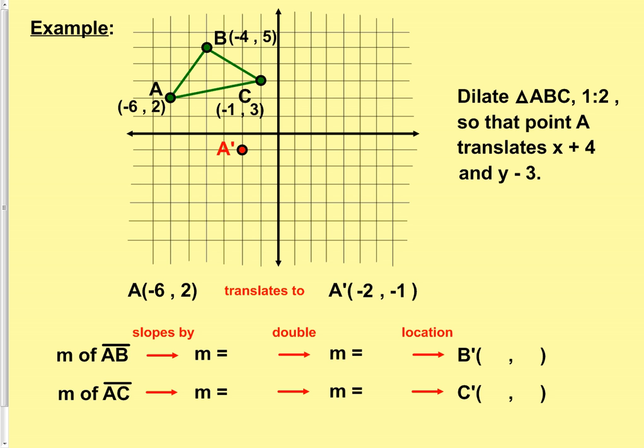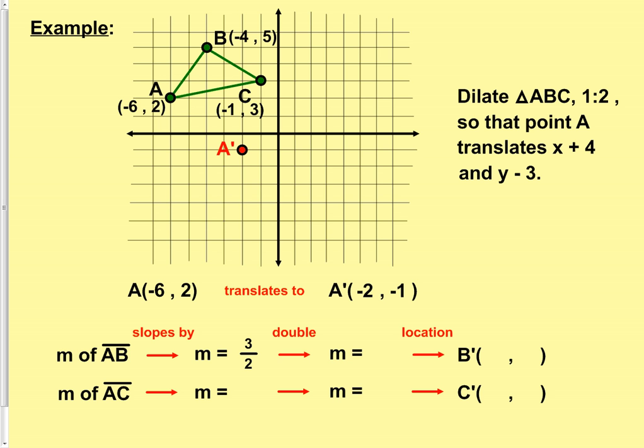Well, how do we move from A to B? We need to rise up 3 units and we need to run 2 units. So the slope of line AB is 3 over 2. But we are now increasing the size of our figure to twice as big. That means we're going to have to rise twice as much and run twice as much.